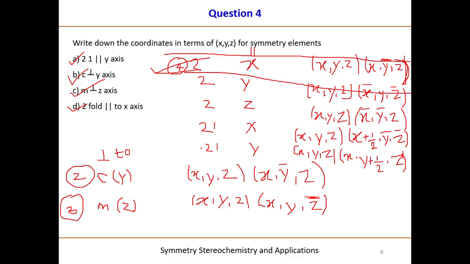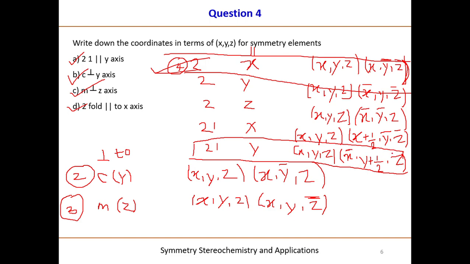So this is the answer for the first question. In terms of x, y, z, 2, 1 parallel to y axis, we will write this way: x, comma, y plus half, comma, z.